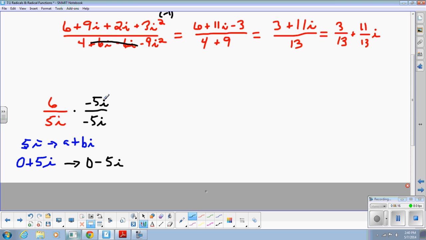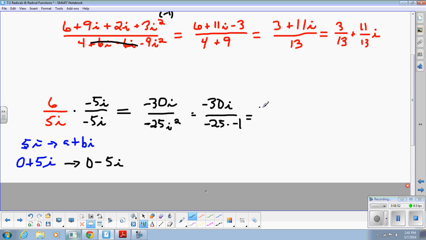So what happens next in my work? Now I'm going to multiply the top and the bottom, the numerator and denominator. 6 times negative 5 is negative 30i on the numerator. Denominator, negative 25 i squared. What happens in my denominator? Again, I now have negative 30i over negative 25, and i squared is negative 1, so it's times negative 1.